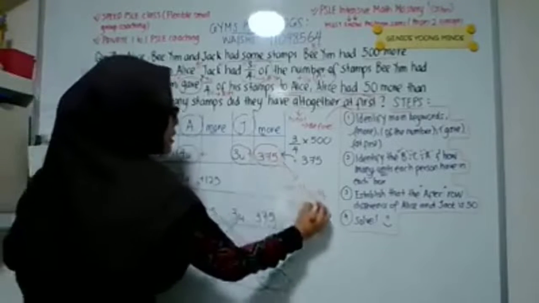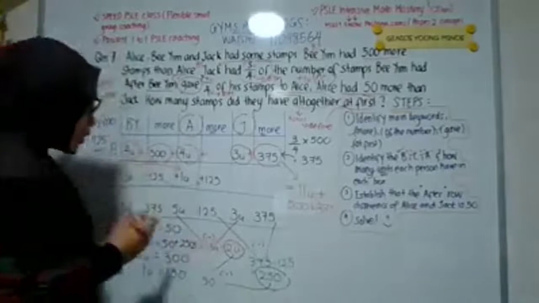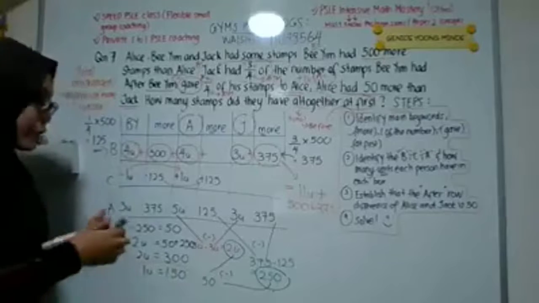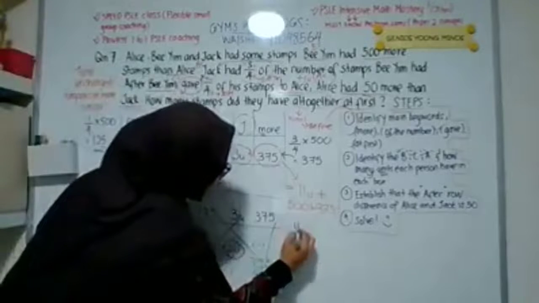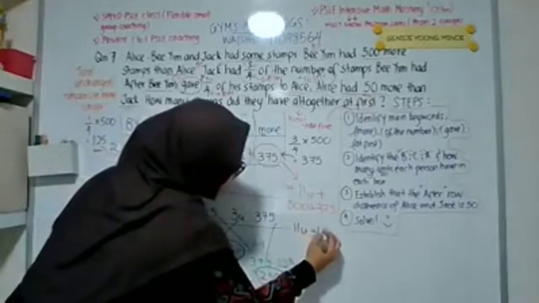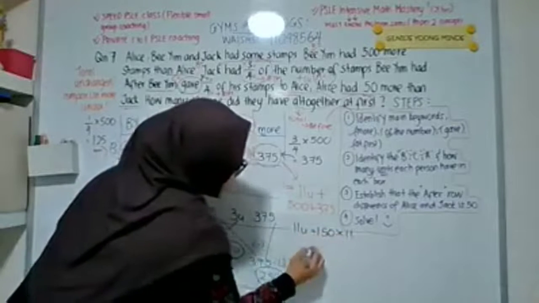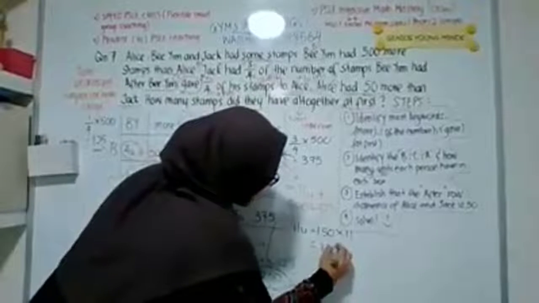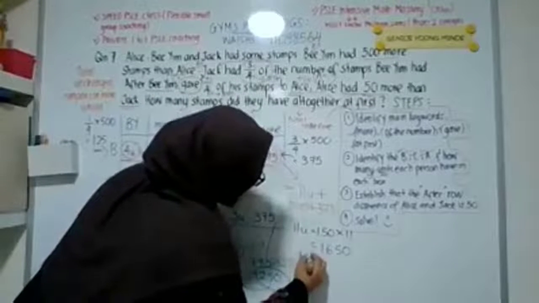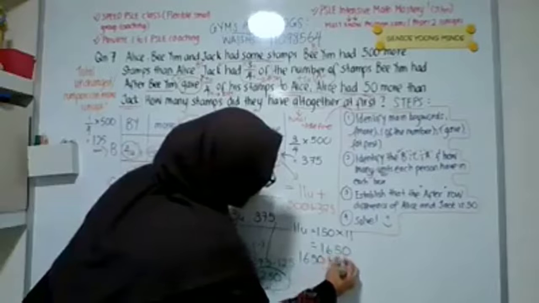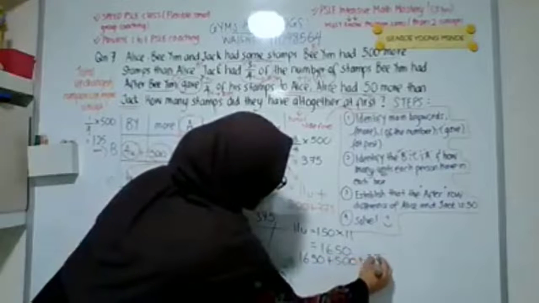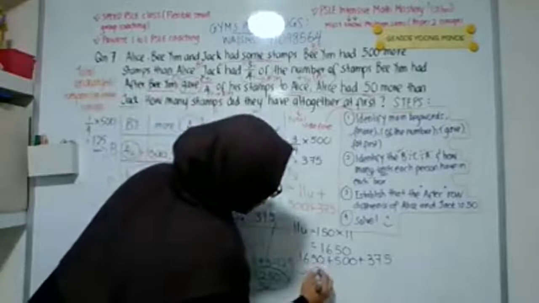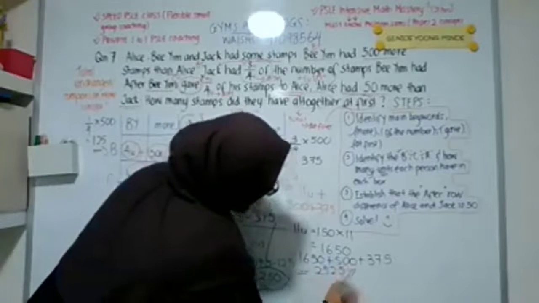And then you plus 375. So we're going to solve that. Since I know 1 unit is 150, 11 units is equal to 150 times 11, equal to 1650. Then I don't stop there. 1650 plus 500 plus 375, I will get 2525. And this is my answer.